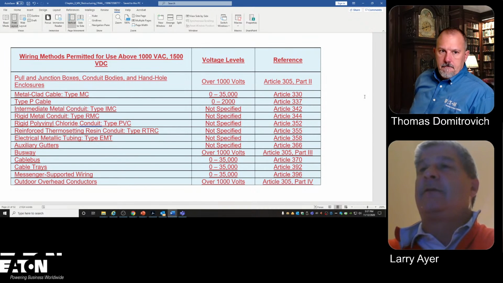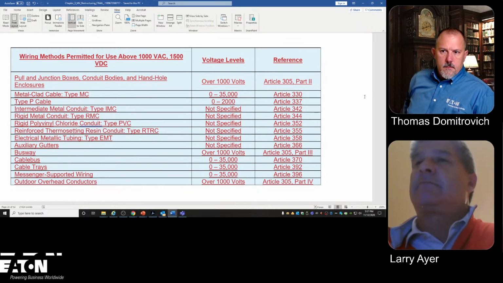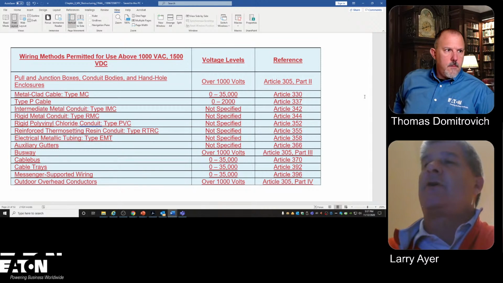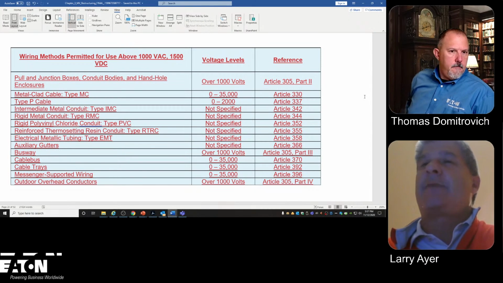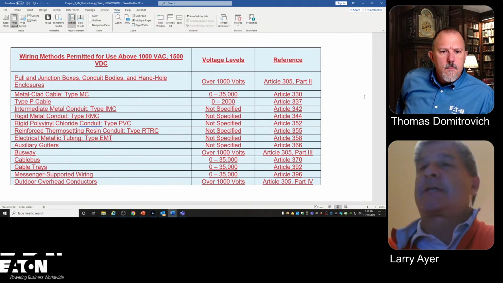And it tells you specifically that for rigid metal conduit, type RMC, over 1,000 volts, there is no limit on where you can install that type of wiring method. Same thing with EMT. You could put that in theory on a 69 kV cable.